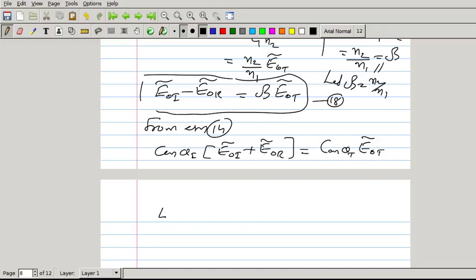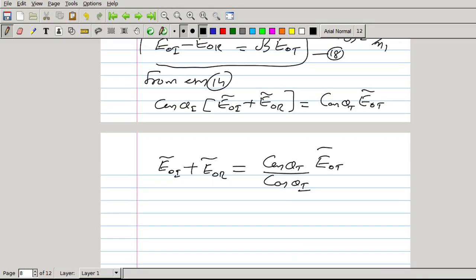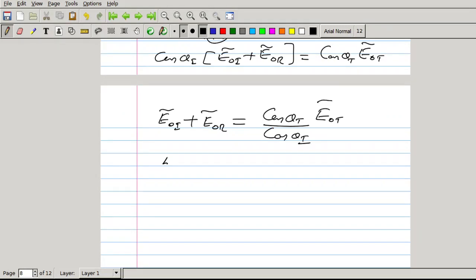Or we can write E0I plus E0R is equal to cos theta t by cos theta I into E0t. Cos theta t by cos theta I, I will take it as alpha. So this equation we can write as E0I plus E0R equal to alpha E0t.